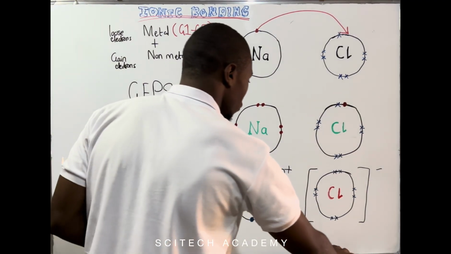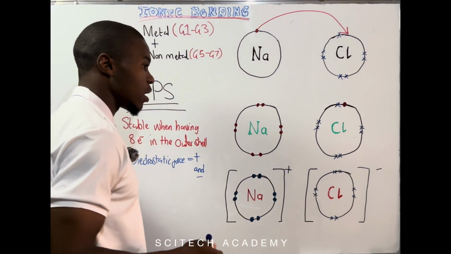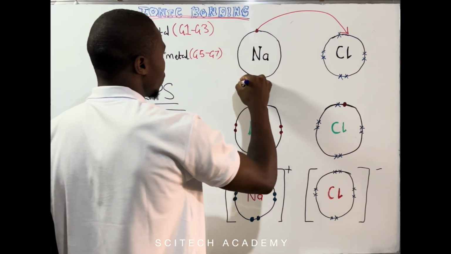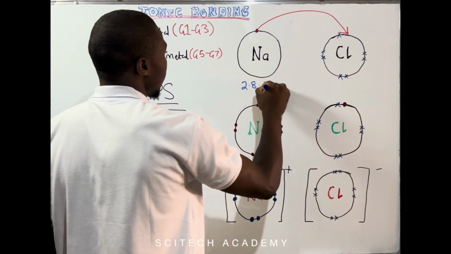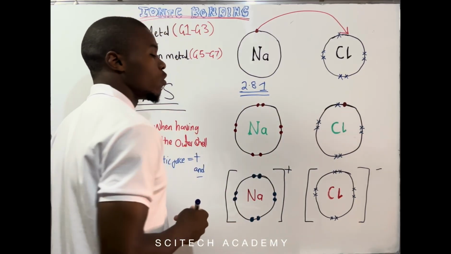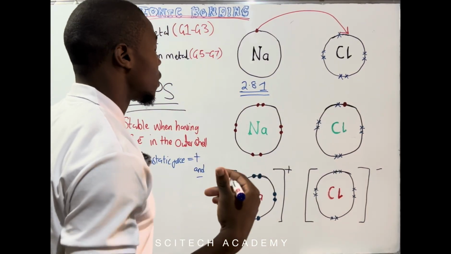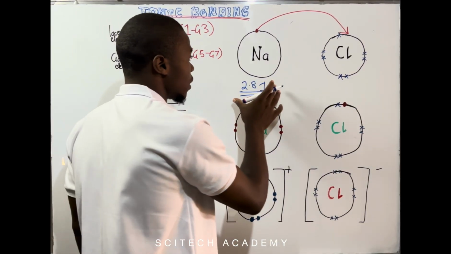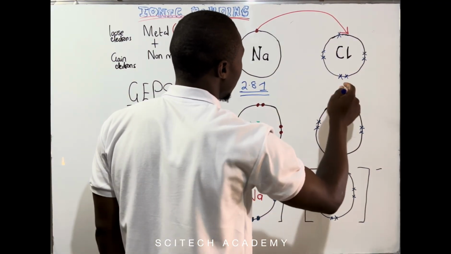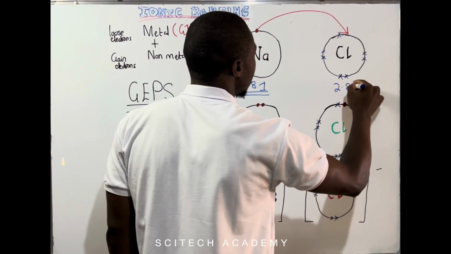Additionally, we also need to talk about the idea of electronic configuration. If you see here, the electronic configuration is 2,8,1. If you really don't know much about configuration, watch my video about atomic structure. I'll put the link there so that you watch it as well. Here it will be 2,8,7.